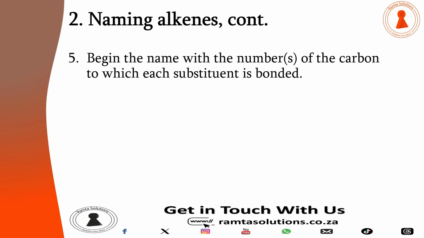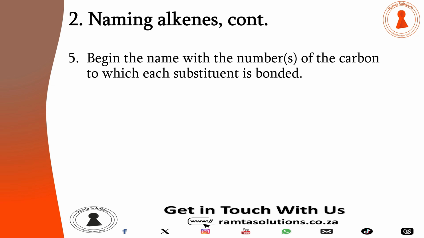If your substituent is on carbon number 3, you're going to start with 3, let's say it's 3-ethyl, so it's going to be 3-ethyl. If it's on 4, it's going to be 4-ethyl. So you begin the name with the numbers of the carbon where each substituent is bonded.